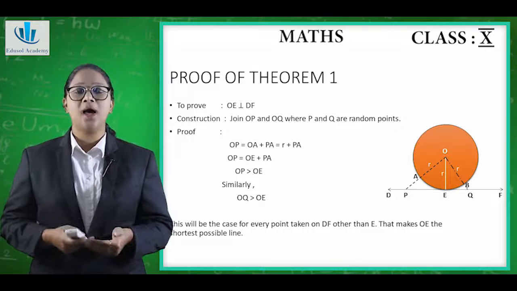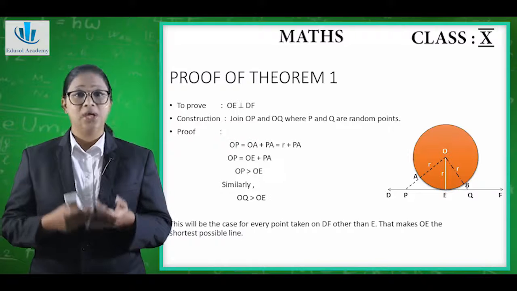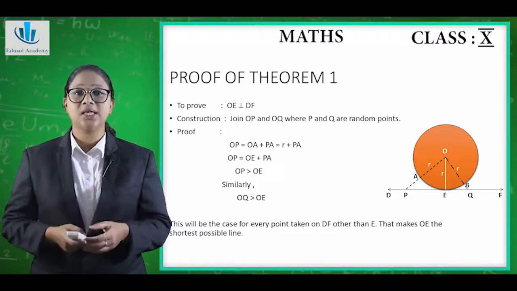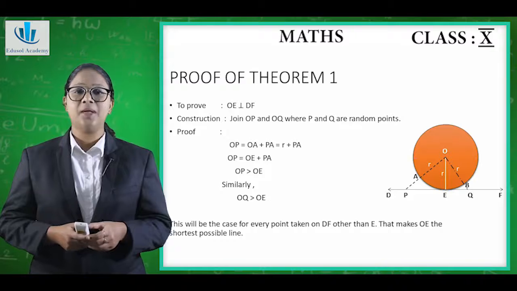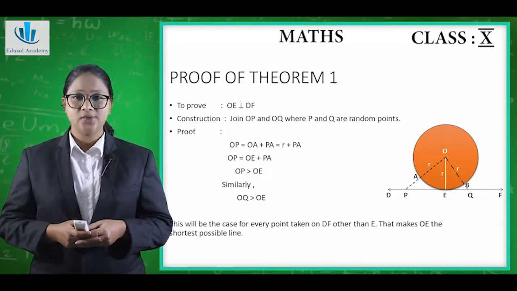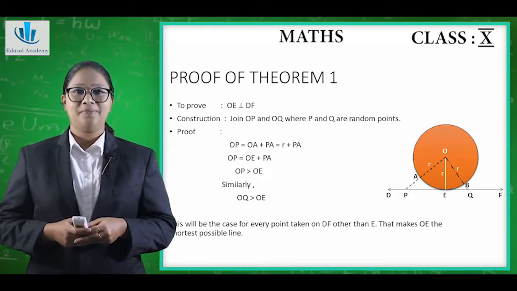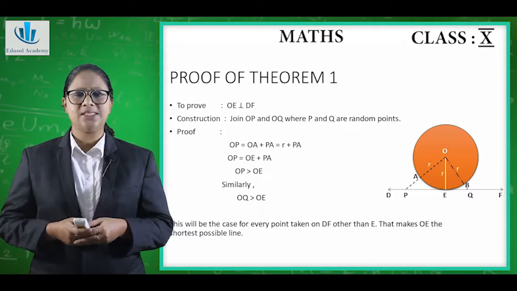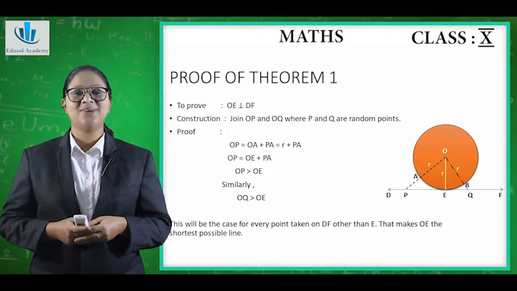Now we also have to replace r with OE because we know OA is equal to OE is equal to OB is equal to r. So now the equation has become OP is equal to OE plus AP, which clearly means that OP is longer than OE, right? That's right.